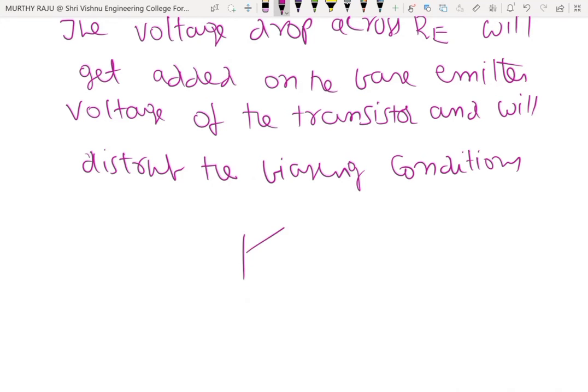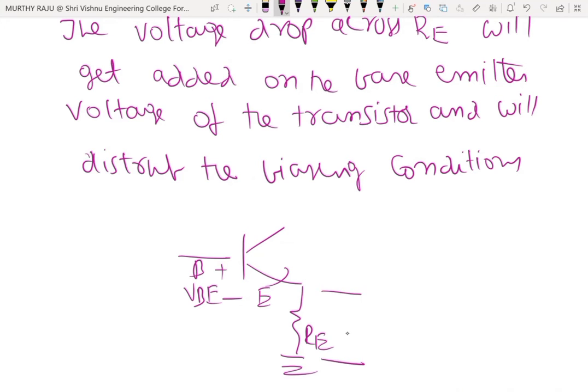This is the transistor without any emitter bypass capacitor connected to ground. This is the base, this is the emitter, this is VBE. The current flowing through RE is IE. Due to that IE, some voltage drop VRE is developed across RE.